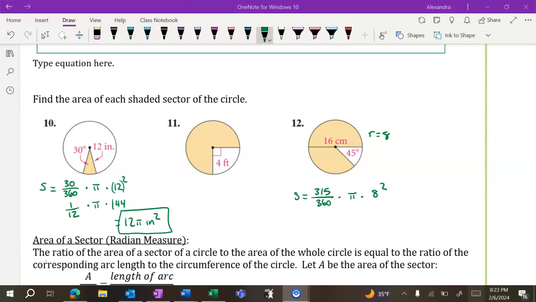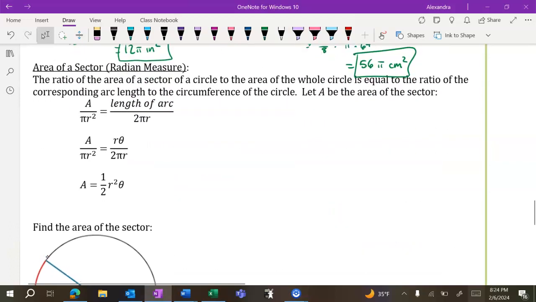So not 45 degrees, but rather 315. And I know that 315 over 360, I'm able to simplify that to be 7/8, right? And 8 squared is 64, which we can then simplify to 56 pi centimeters squared. Again, because it's area, our units are going to be squared.